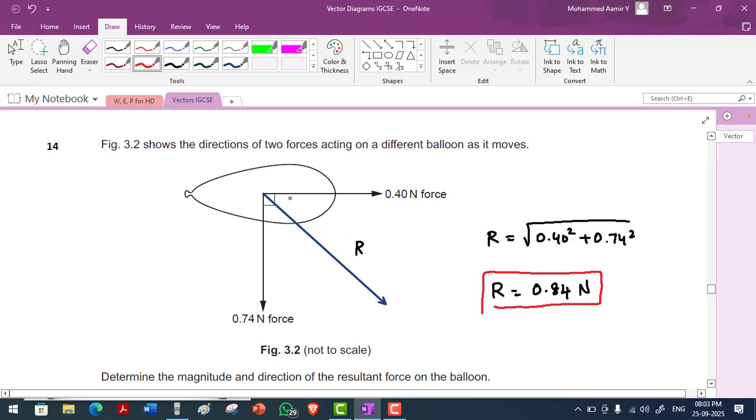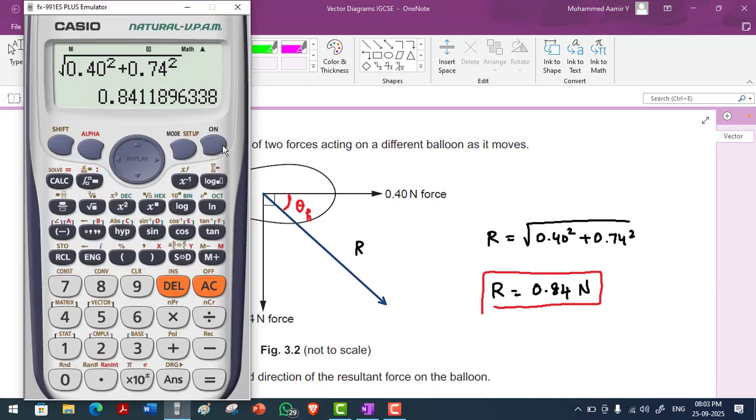If they ask what is the angle to the horizontal, theta h I'm writing, to the horizontal, then I will go for tan theta. The opposite is 0.74 and the adjacent is 0.40. So theta h will be tan inverse of 0.74 divided by 0.40.